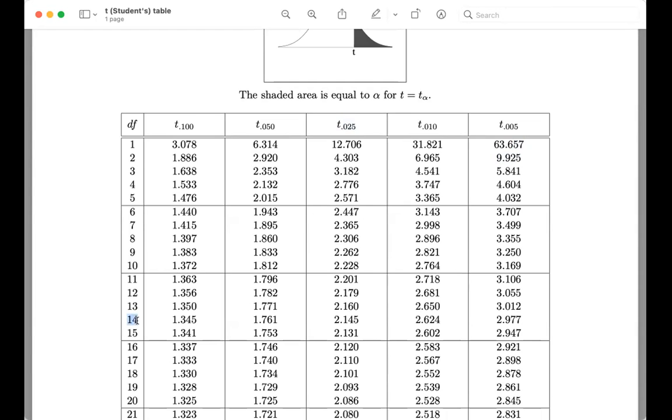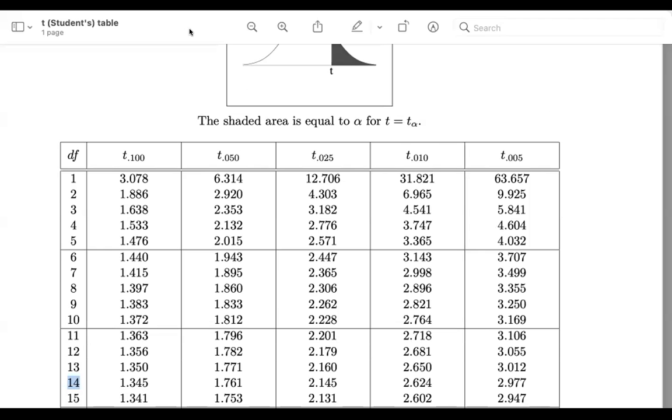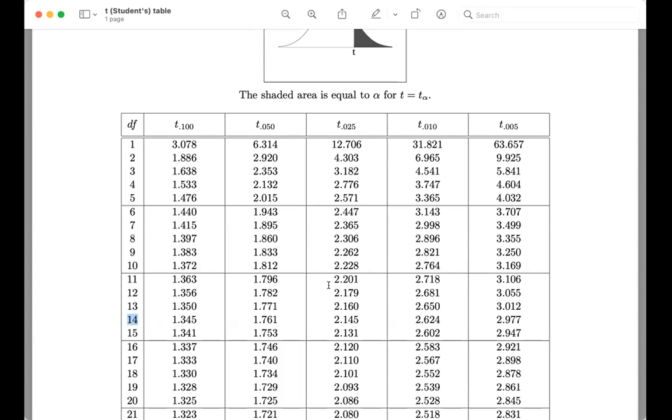So we look up the degrees of freedom. The value here is 2.321. So it's between this number and this number, somewhere in between. We look up the areas to find the p-value in the shaded area. So it's going to be between these values.